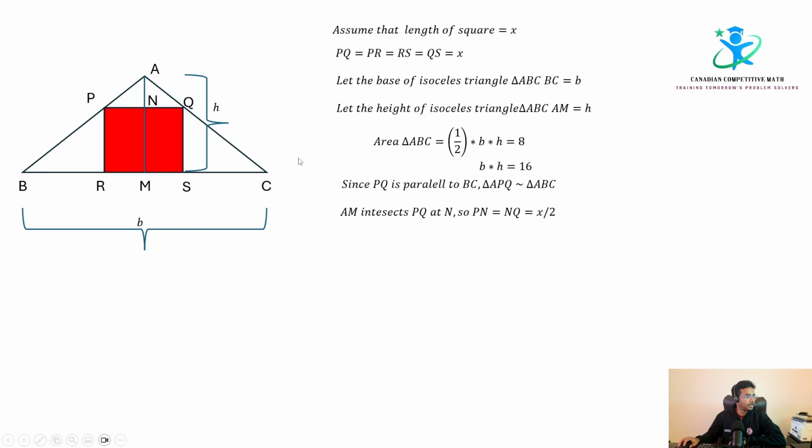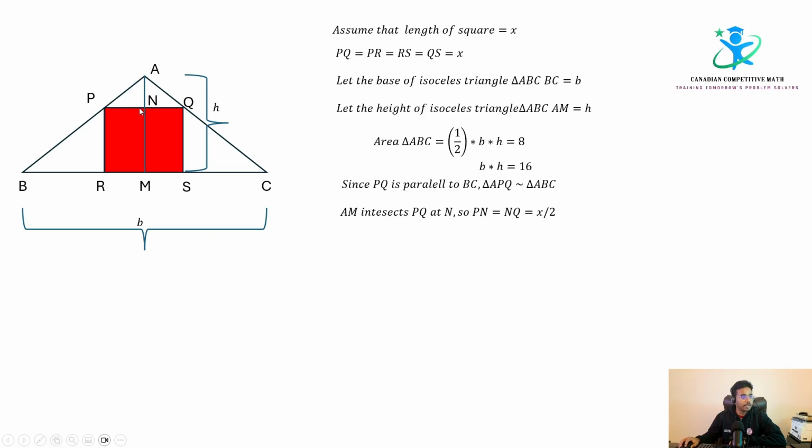From that, we also know that since AM is intersecting BC and ABC is similar to APQ, AM, which is the height of triangle ABC, will also be the height of triangle APQ. So AM intersects PQ at N.